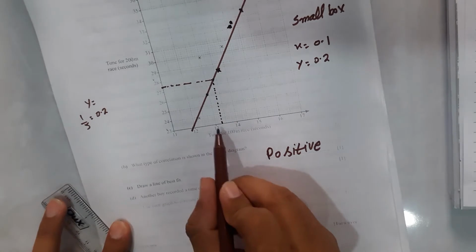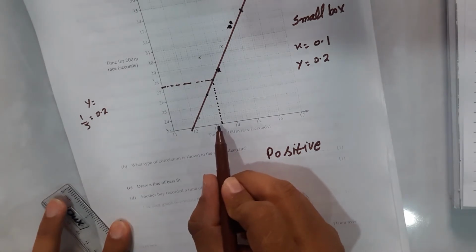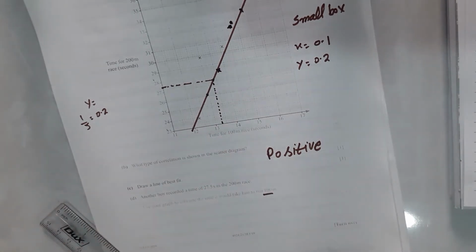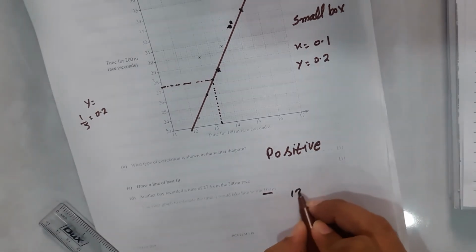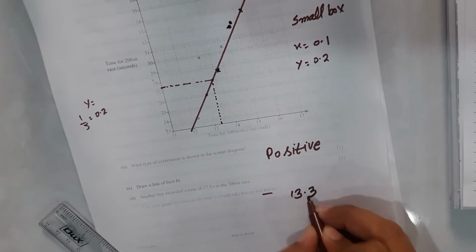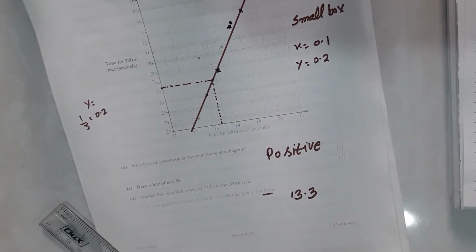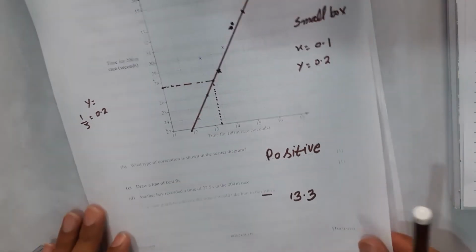This is approximately 13.3, or 13.4 you can write, but it is 13.3. So 13.3 seconds for the 100 meter race. This is your second question. Then this is your third question.